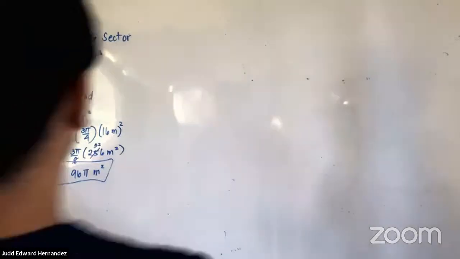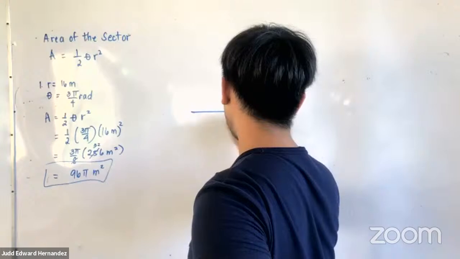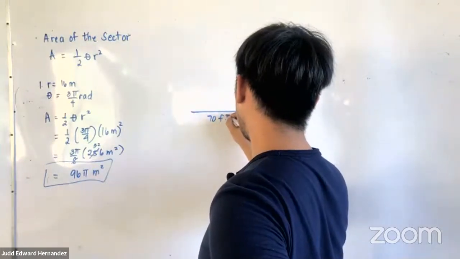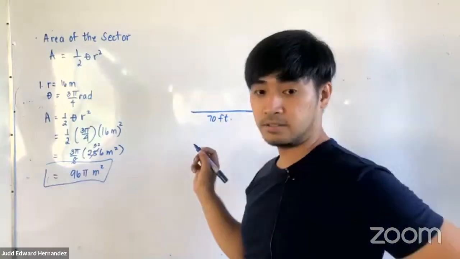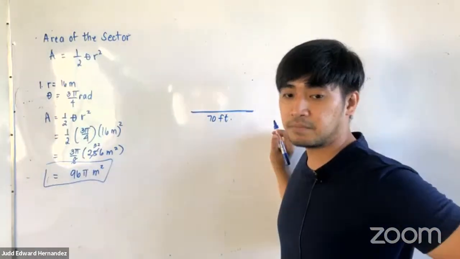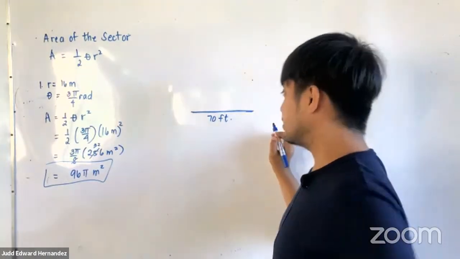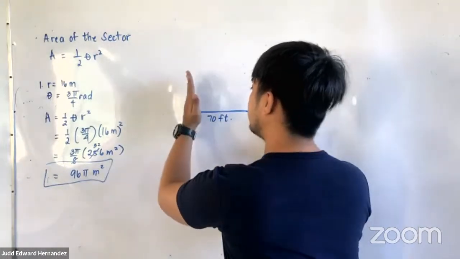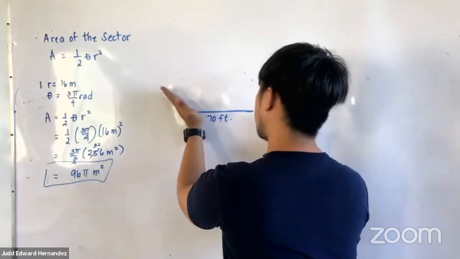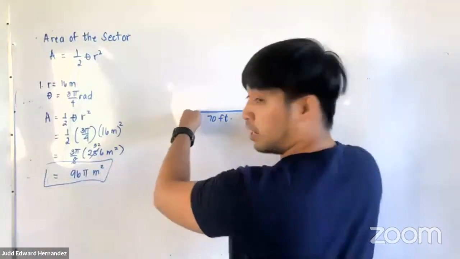Okay, so for example, this is the distance in 70 feet. So sprayan daw niya yan. And rotates through an angle of 120 degrees. So, if this is 90, kung angat siya, magiging 90, tas angat pa siya, magiging 120.